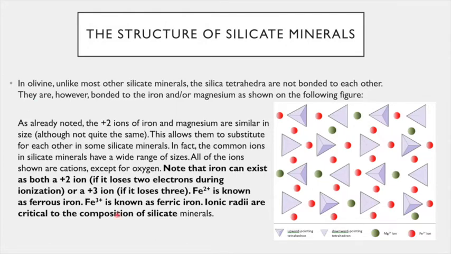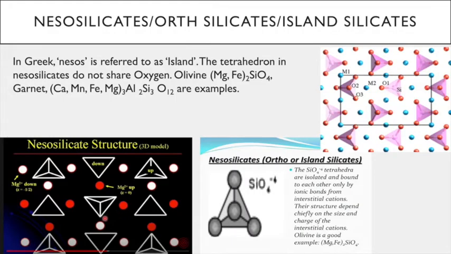I want to show you another diagram which is here. Now one more thing that should be noted is that in nesosilicate structure, this is kind of a 3D model. You can see these are the magnesium ions and this is the silicon tetrahedron. Now you can see the position. Not only are these tetrahedrons separated from each other, not sharing their oxygen, but their position is different.